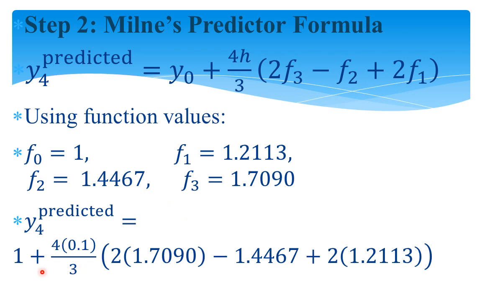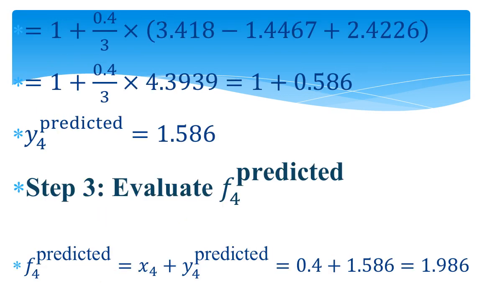Then we put these values. After simplification, we add all values, then multiply or divide. After the simplification, we get 1.586. This is the y4 predicted value.